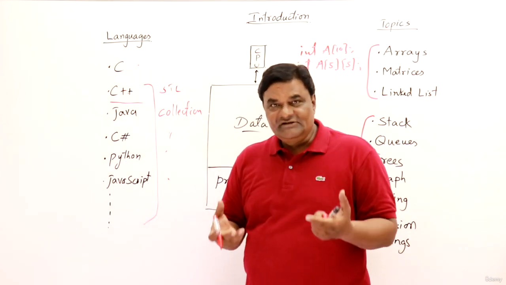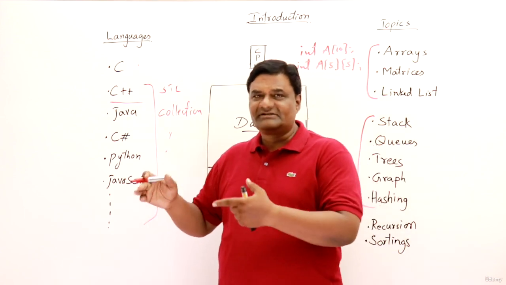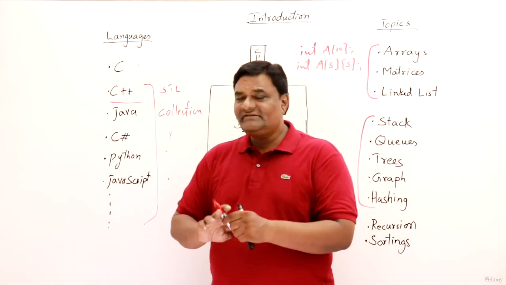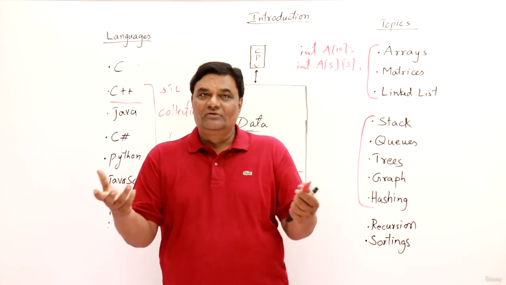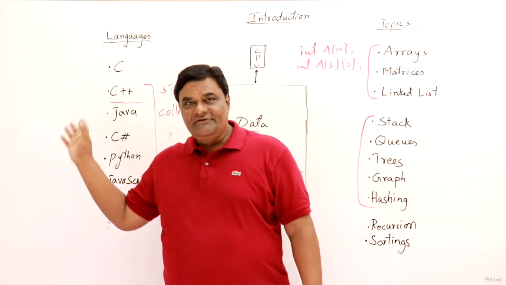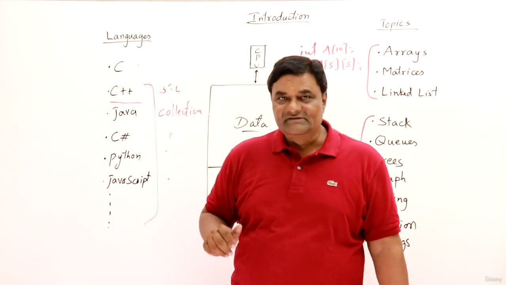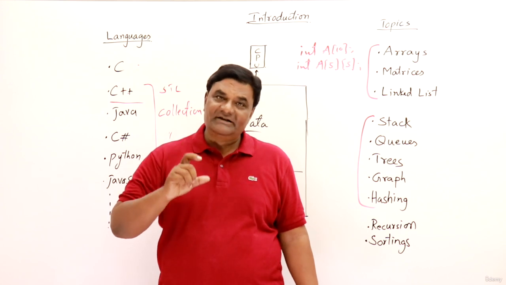The procedures or the functions are available in every language, C, C++, Java, everywhere. The only difference is in C++ and Java, we put them inside a class. In C, they are open. That's it. They are global functions. But there are member functions in Java and C++. So I have used C language because I am showing you how to implement the operations.